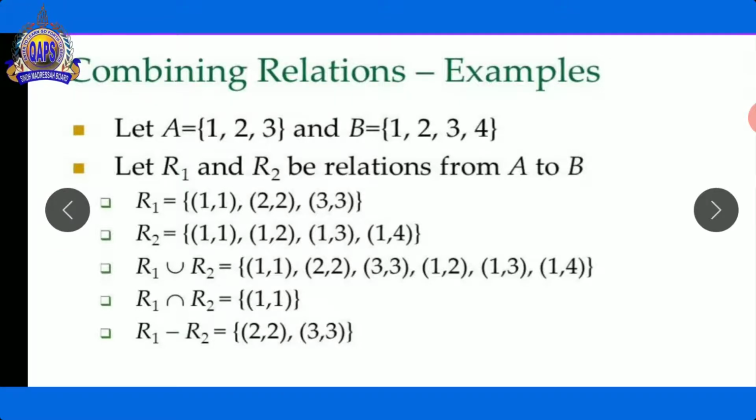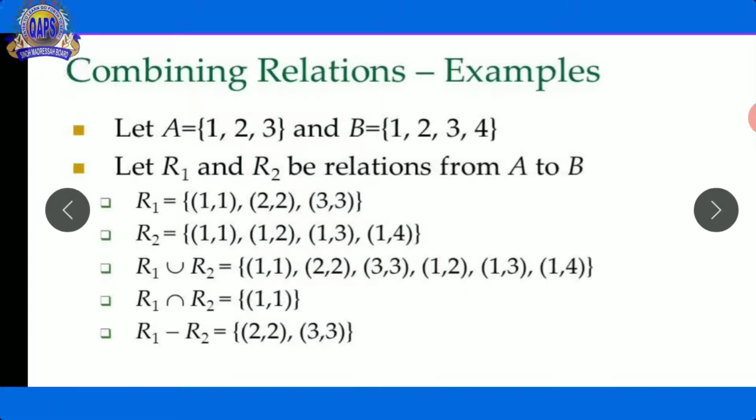So if the elements are the same, we choose them only one time, but when the elements are different between the 2 sets, we combine all those different elements and write them in a single form.